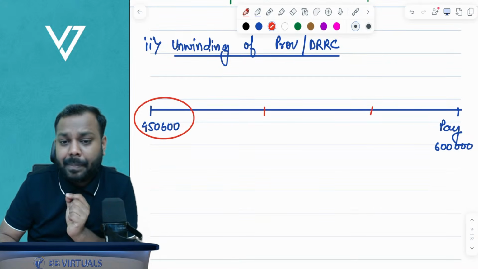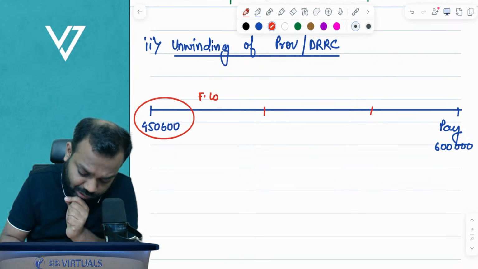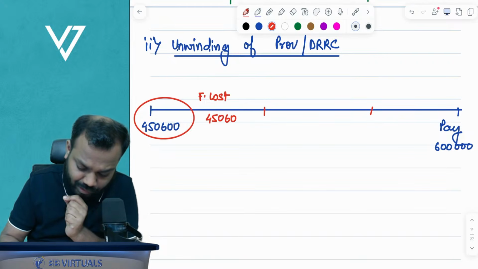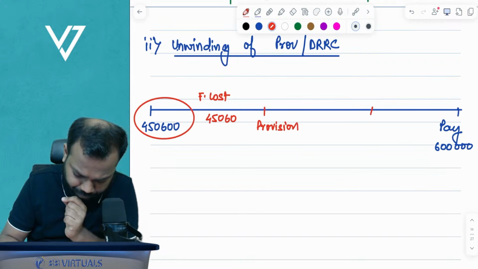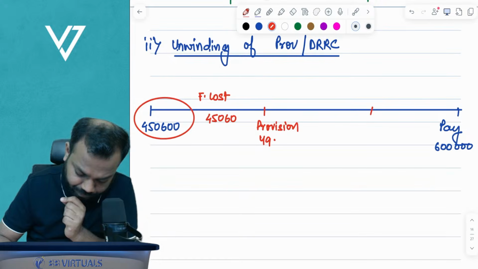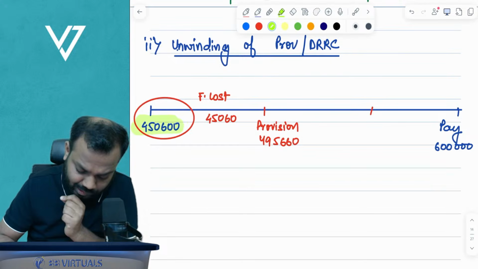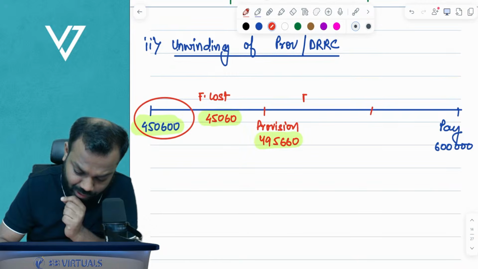We calculated the present value using a discount rate of 10%. So the finance cost for the first year will be 45060. The provision here is 495660, that is, this plus this equals this. Then the finance cost for this year is 10% again, so 49566.